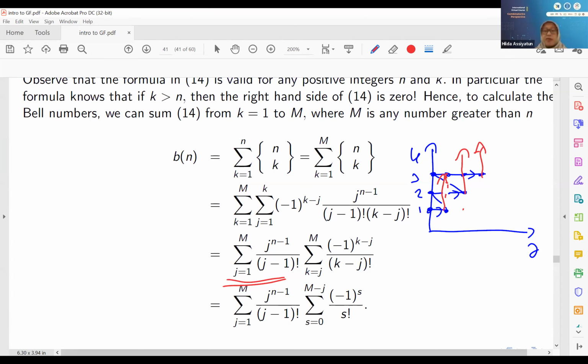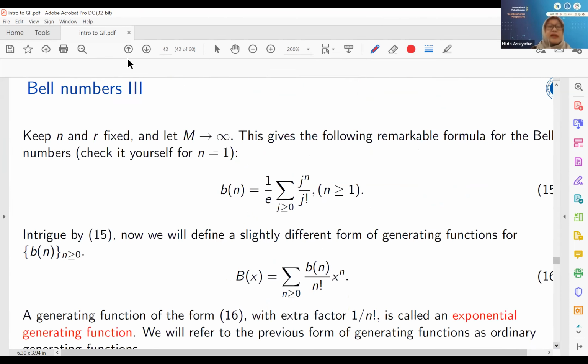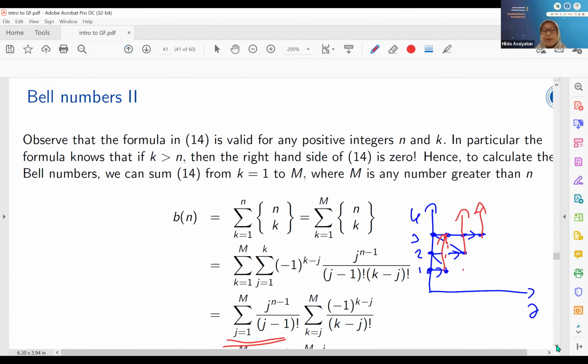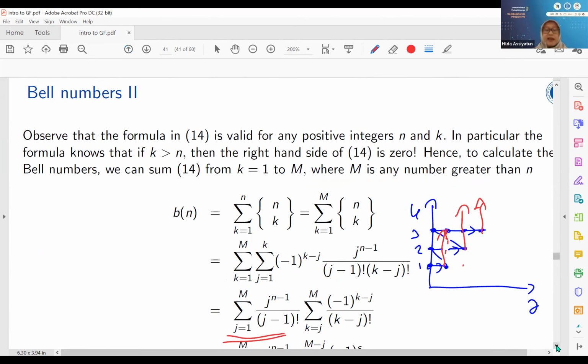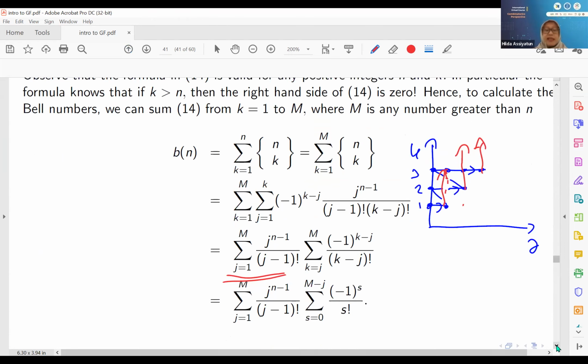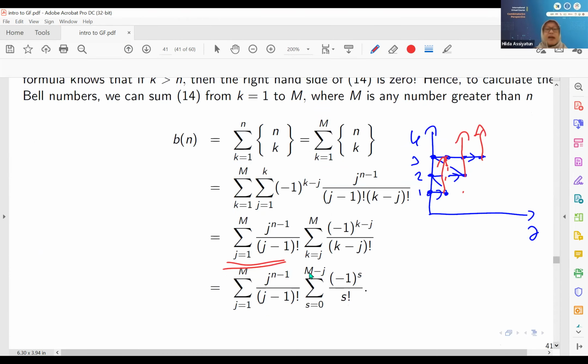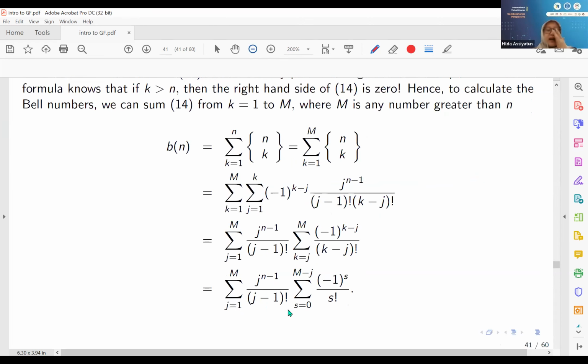Why do we do this? Because we want to have this nice formula. By changing this, we will have Bn equals this.